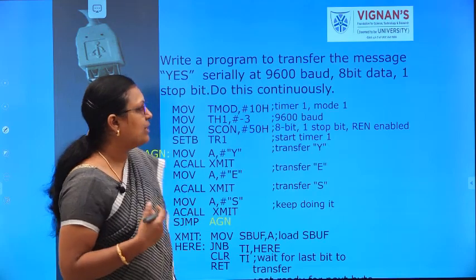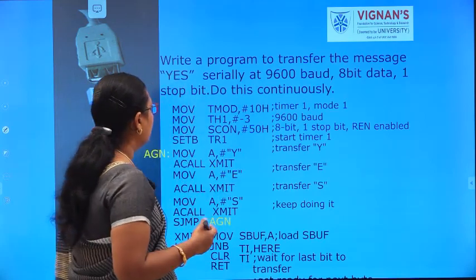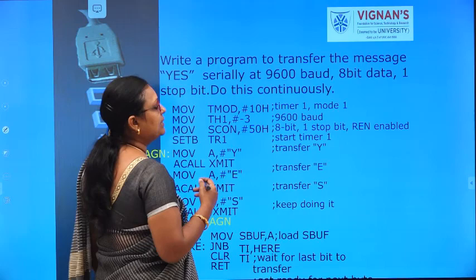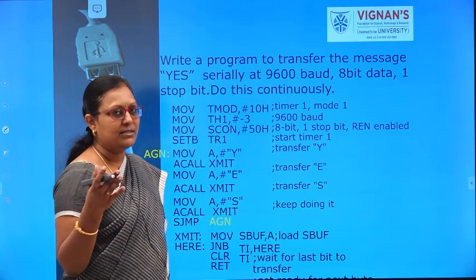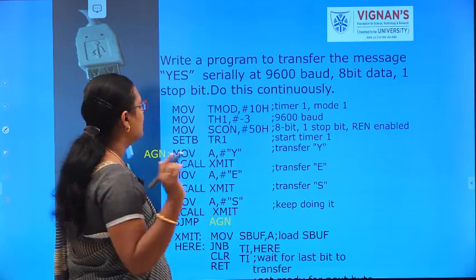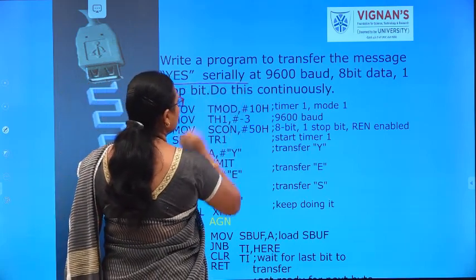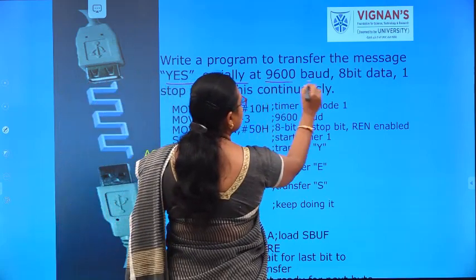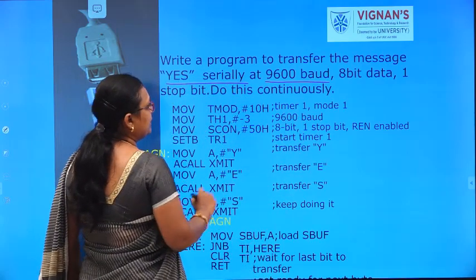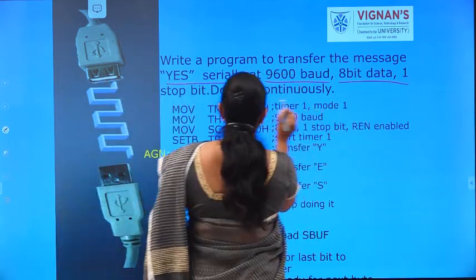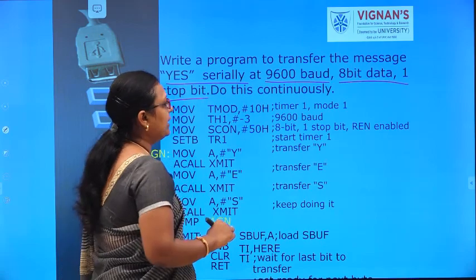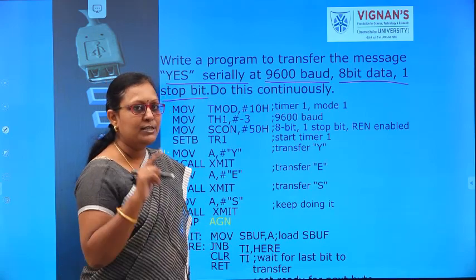We will discuss one more program. Now we are going to transmit a message, which is "YES". Write a program to transfer the message YES serially at 9600 baud, 8-bit data with one stop bit, which means mode 1.